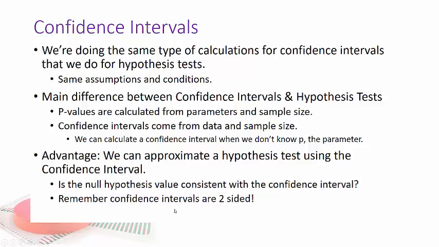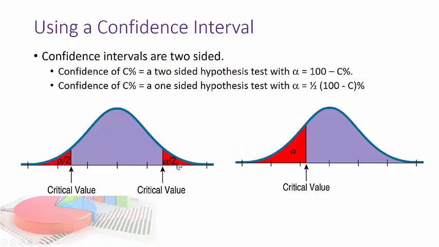And remember that confidence intervals are always two-sided. So when you're using a two-sided confidence interval, well, one-sided is easier to look at. There's your alpha, and you're like, oh, okay, if this is my C percent, my confidence, alpha is 100% minus that C percent.